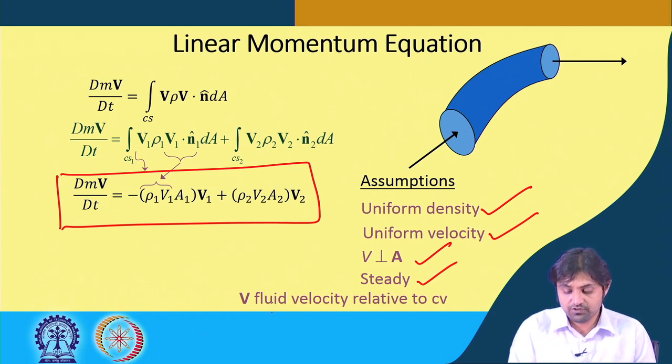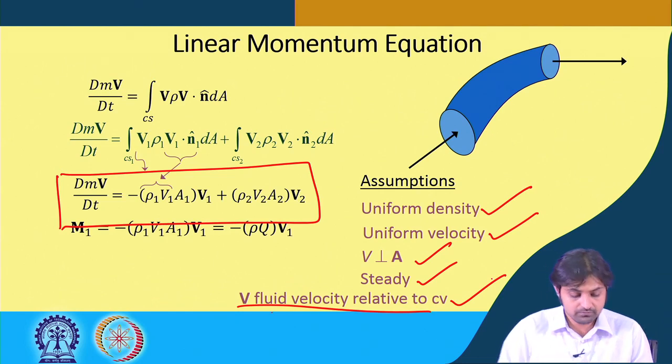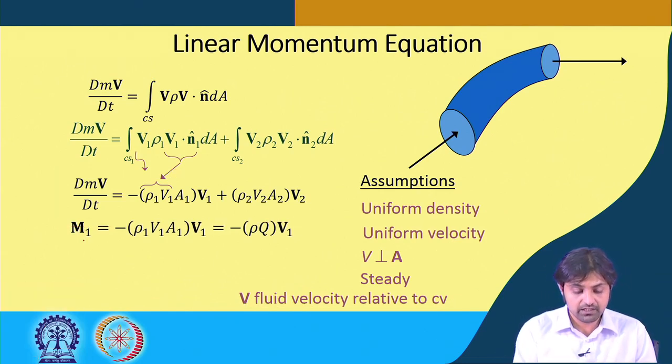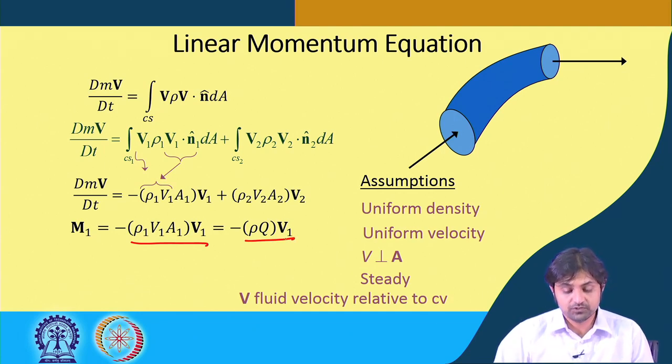V is the fluid velocity relative to the control volume. M1 can be written as minus rho 1 V1 A1 into V1, or minus rho q V1. This is one term, capital M1.